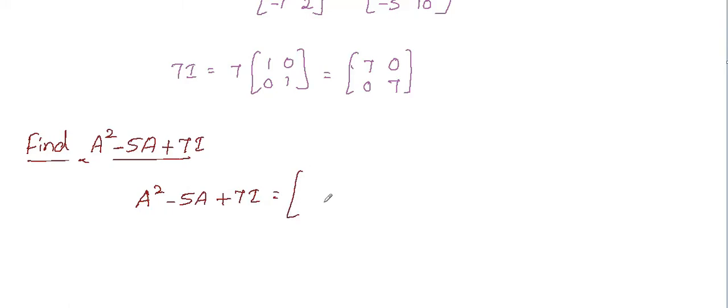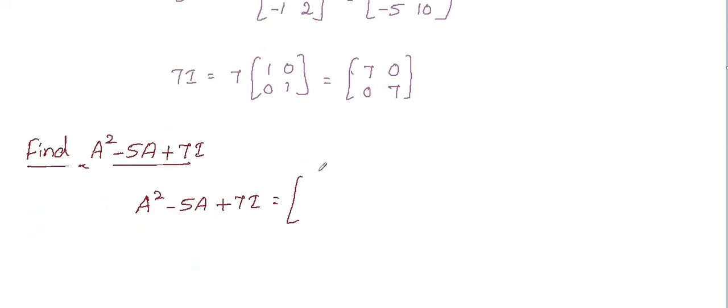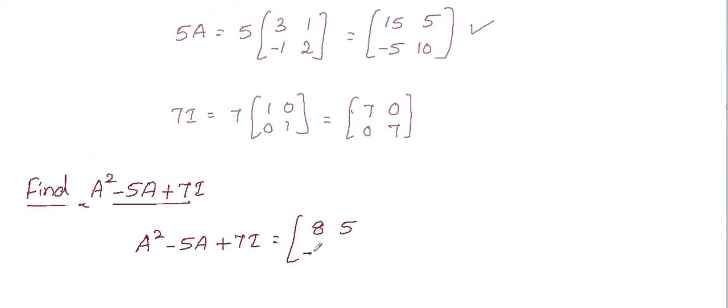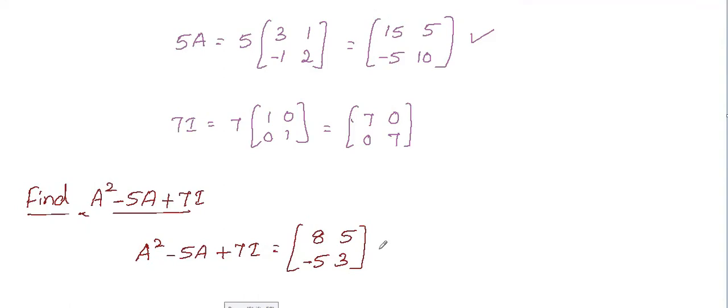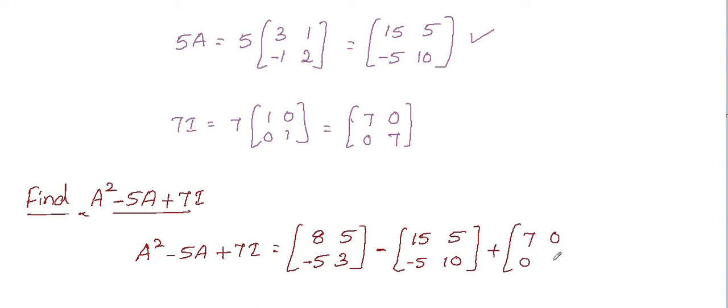A square is [8 5; -5 3], minus the 5A matrix [15 5; -5 10], plus [7 0; 0 7].